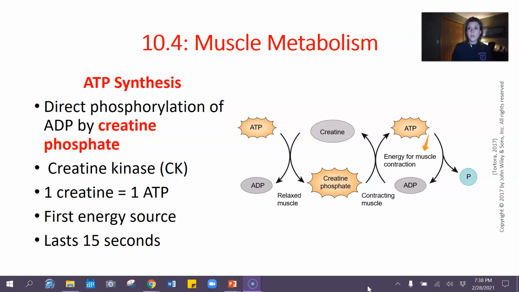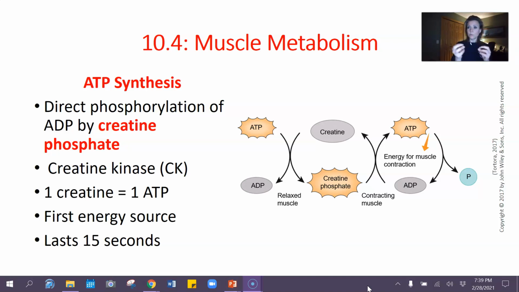And there, the muscle cells are going to use all of this excess ATP that they've generated in order to create creatine phosphate. And here's how it works. Our muscle fibers have an enzyme called creatine kinase, CK, and the CK is going to catalyze the breaking of one of the high energy bonds from ATP.